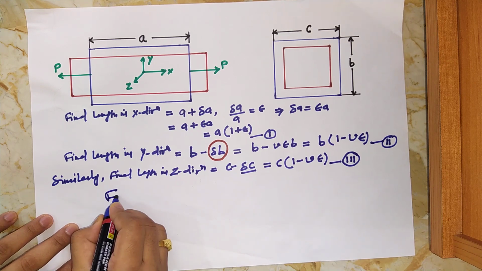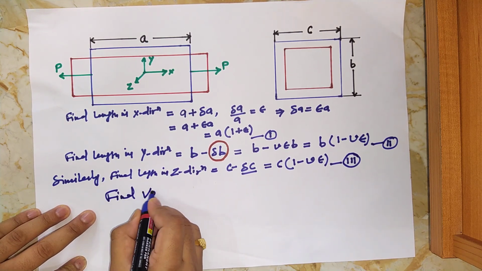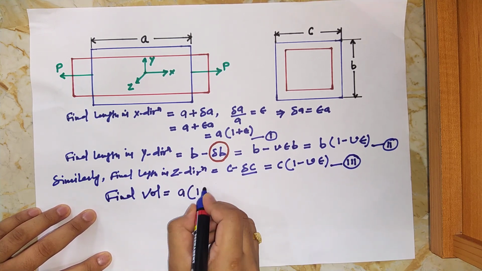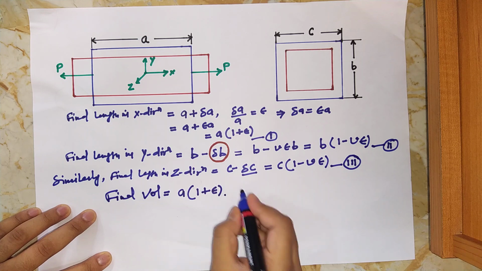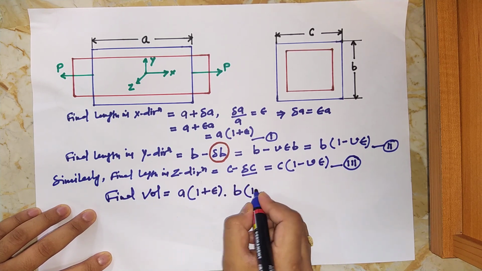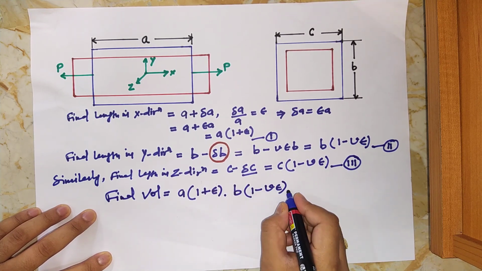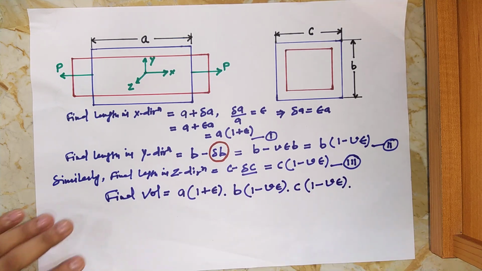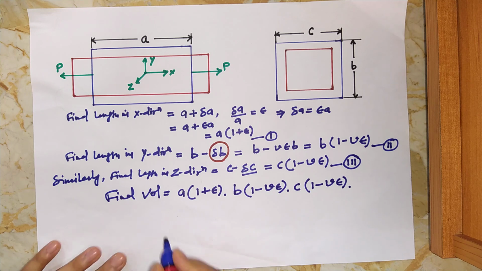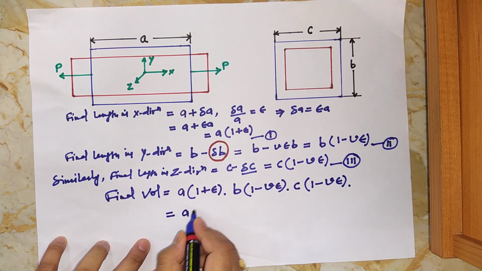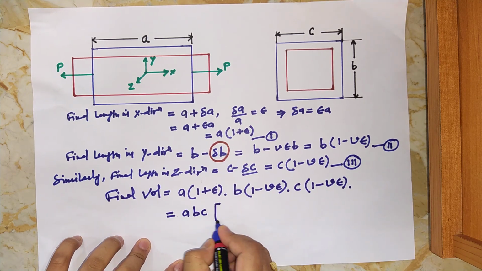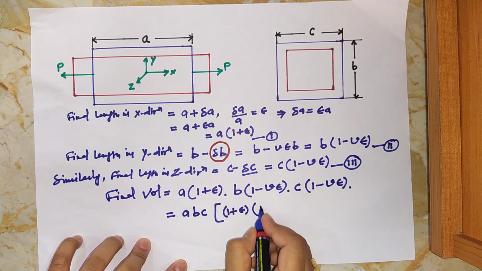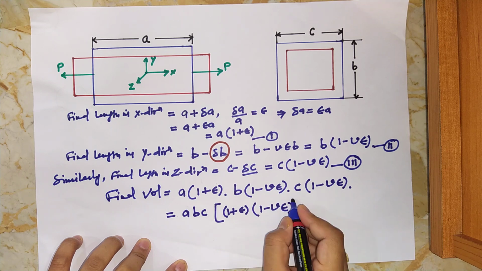So the final volume will be A into (1 plus epsilon) into B into (1 minus nu epsilon) into C into (1 minus nu epsilon). So this is our final volume. Let us do some calculation. So ABC and (1 plus epsilon) will come in (1 minus nu epsilon) square.